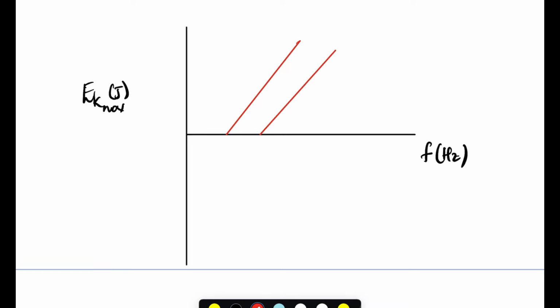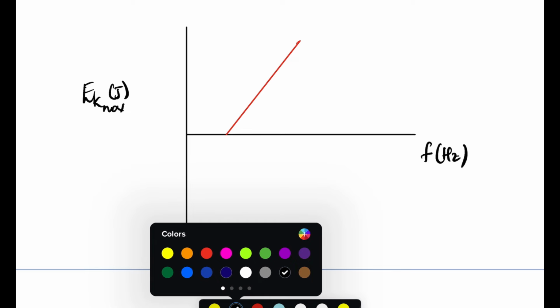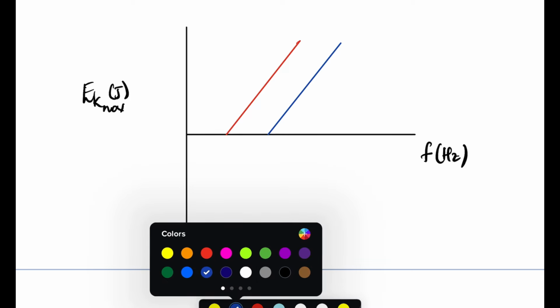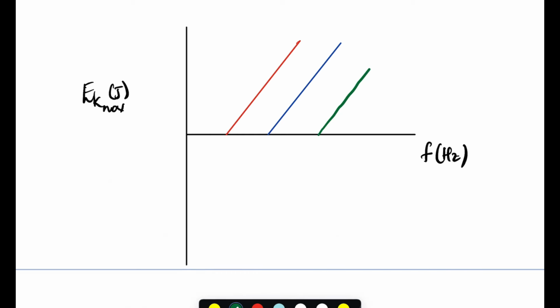Let me use another colored pen. Let's say we have another metal here, and another metal here.